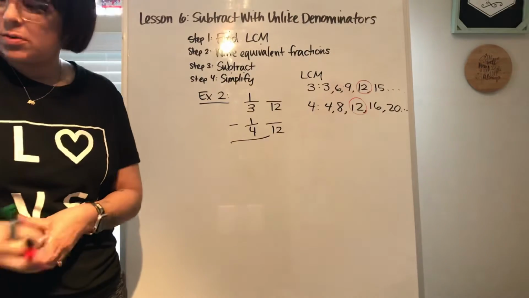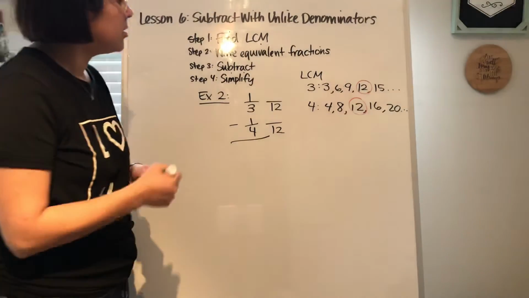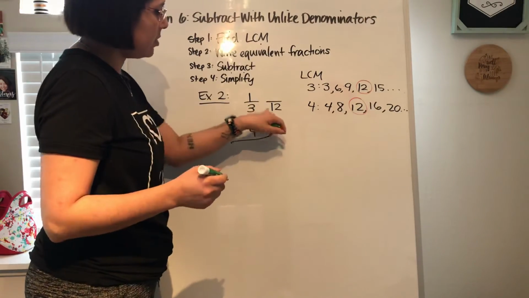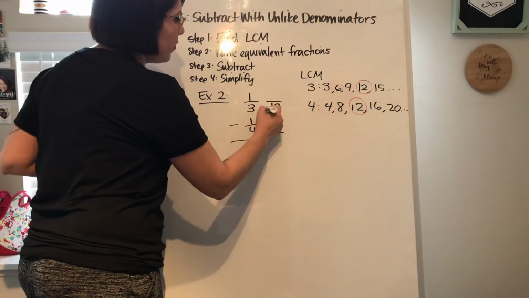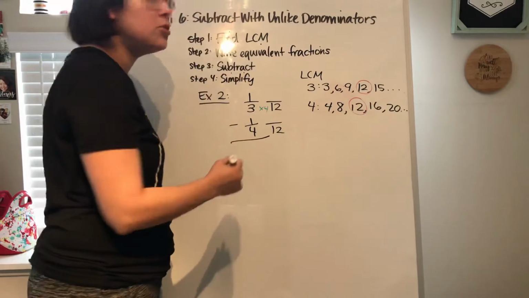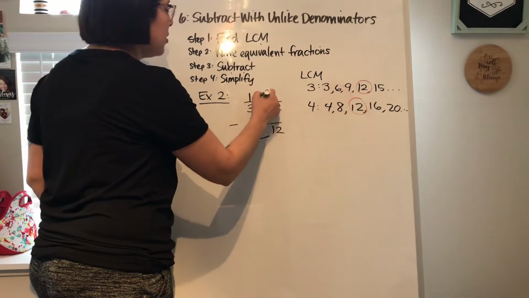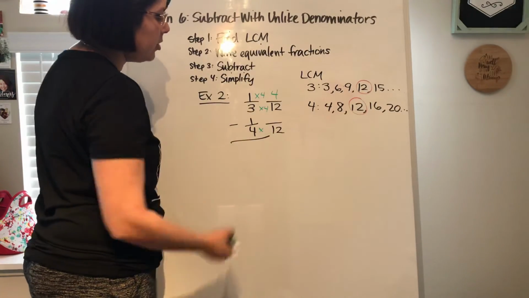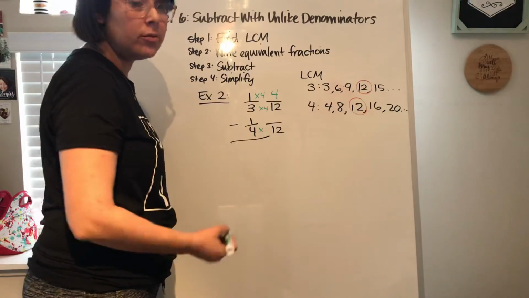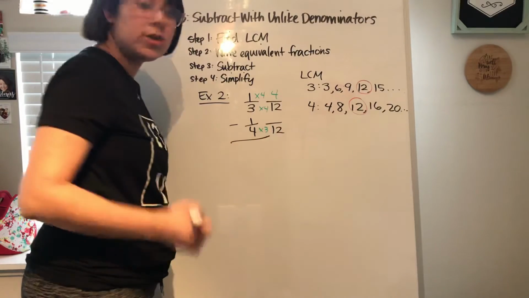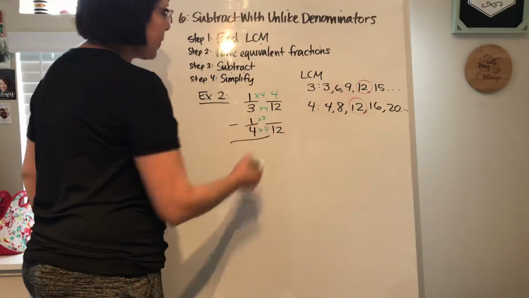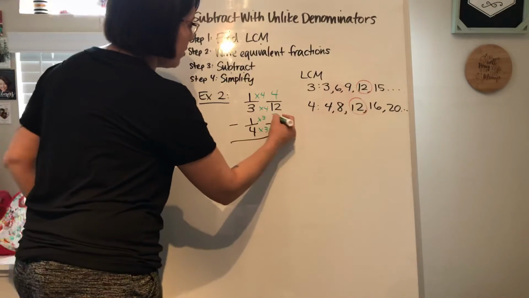Okay, step 2. Write my equivalent fractions. How did I get from here to here? Times 4. Whatever I do to the bottom, I need to do to the top. 1 times 4, 4. Do the bottom one. 4 times what is 12? 4 times 3. Whatever I do to the bottom, I need to do to the top. 1 times 3 is 3.